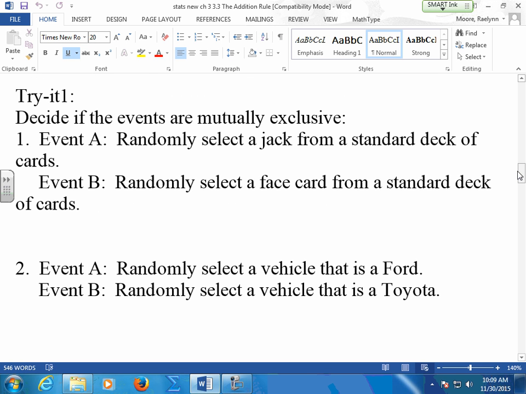Randomly select a jack from a standard deck of cards. Randomly select a face card from a standard deck of cards. Not mutually exclusive, because in my face cards is my jack. This says get a jack. This says, oh, there's a jack in here as well.